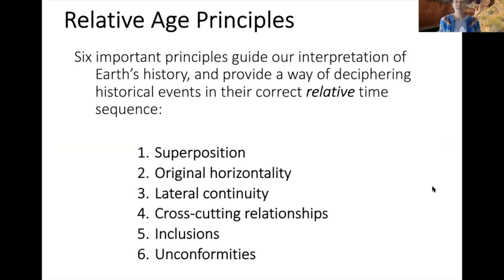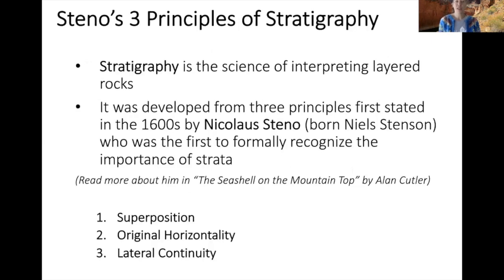There are 6 relative age principles that I will walk you through, and all of these are built upon the primary principle of uniformitarianism. Superposition, original horizontality, and lateral continuity were all proposed by another old white guy named Nicholas Steno. He was actually born Niels Stensen, but there was this trend back in the 1600s and 1700s to Latinize one's name.